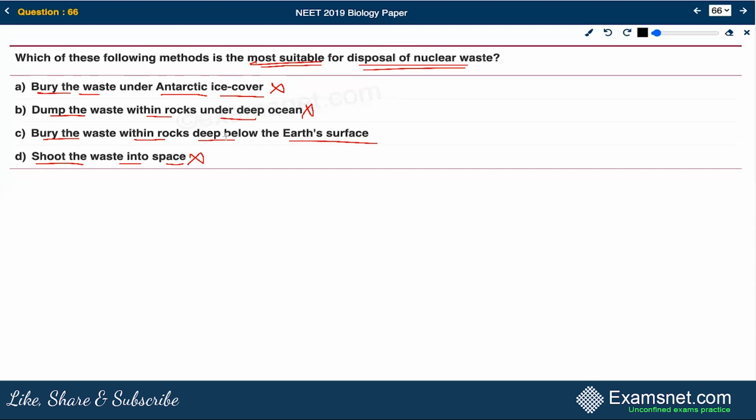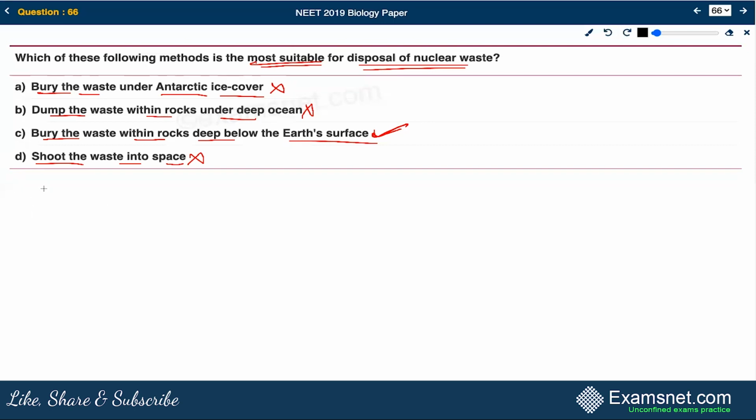And the only option left is bury the waste within rocks deep below the earth's surface. So this is going to be the most suitable method for disposal of nuclear waste, a process in which the nuclear waste is usually shielded inside containers.